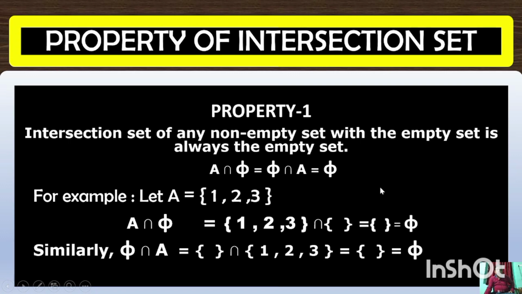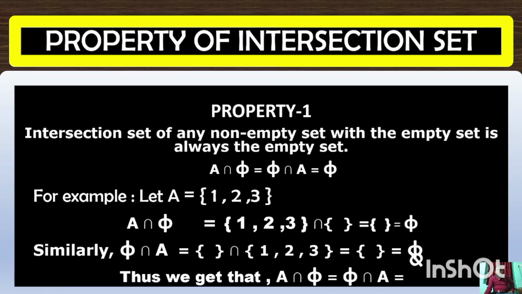If two sets have no common element, they are also called disjoint sets. So set A and the null set are both disjoint sets because there is no common element in both sets, so their resulting set will be the null set. Understand? Thus you get A intersection phi is equal to phi intersection A, which is equal to the null set.